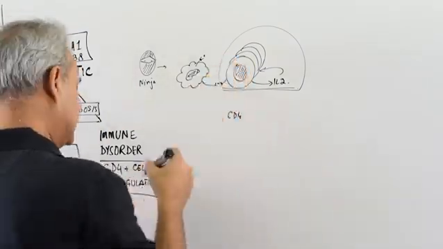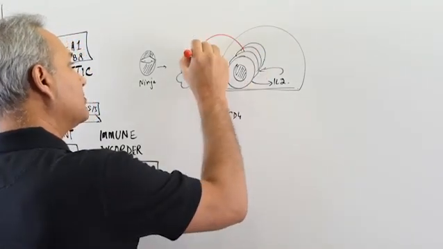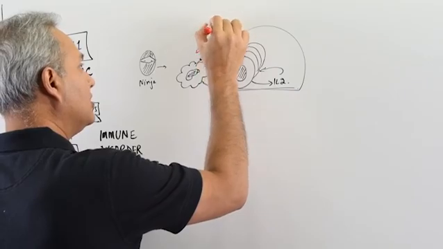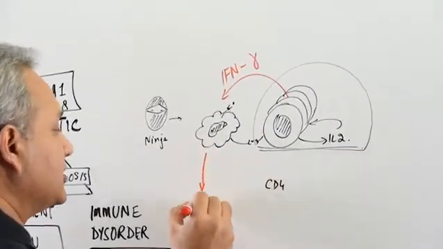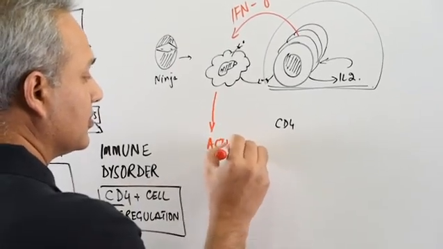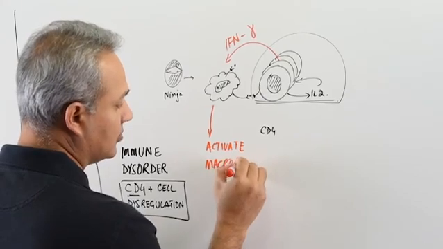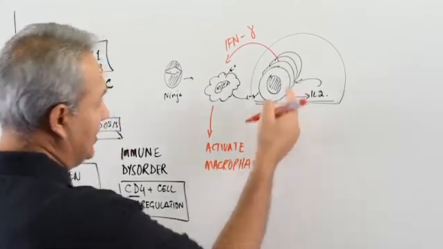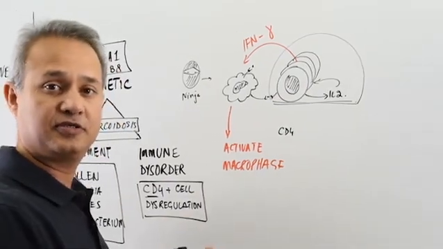At the same time, the CD4 cell is also going to release interferon gamma. Interferon gamma will activate the macrophages. Now this is the line that would cause granuloma formation.